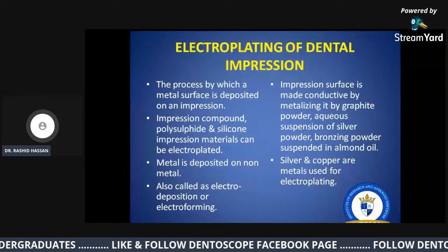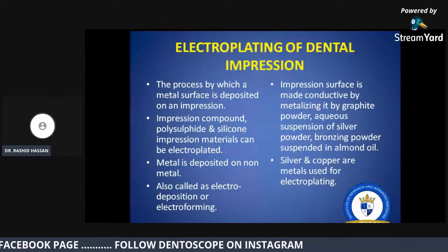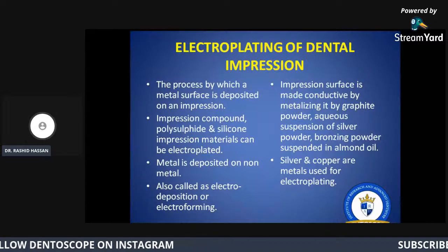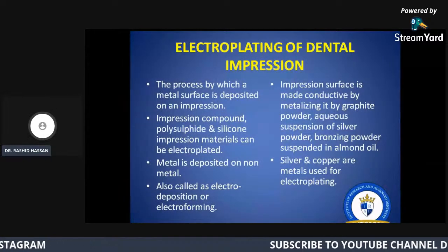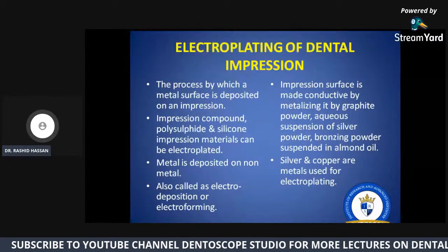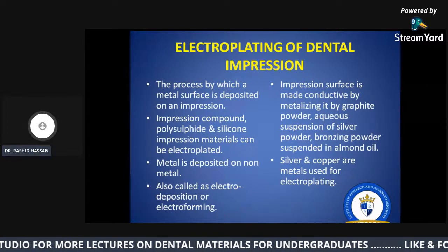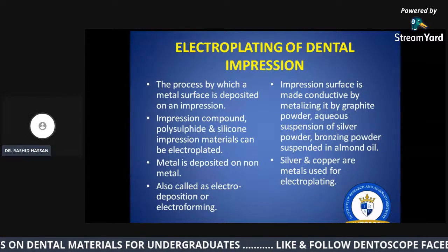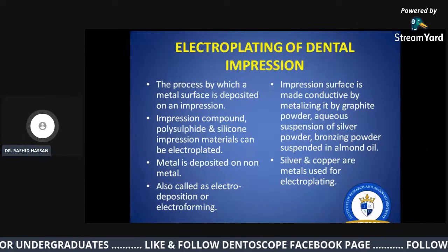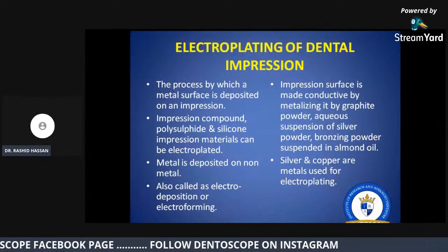The impression surface is made conductive by graphite powder. The graphite powder is spread all along the surface of the dental impression, which makes it conductive, because, as I mentioned, it is a non-metallic material. To make it conductive, we have to convert it into a metallic one, so graphite powder is used.